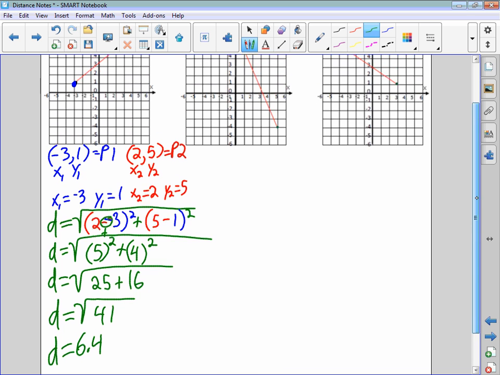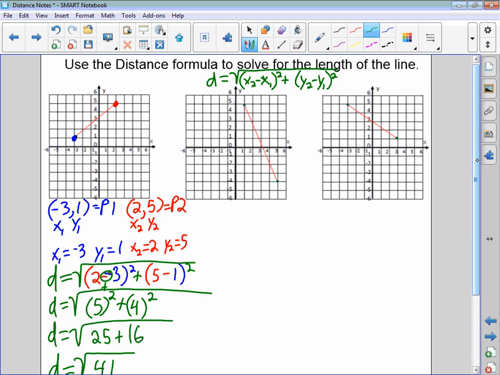Scroll back up and look at our second problem. The first point is here at 1, 5. And point 2 is down here at 5, negative 4.